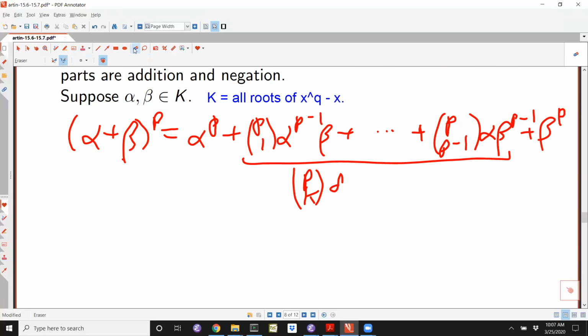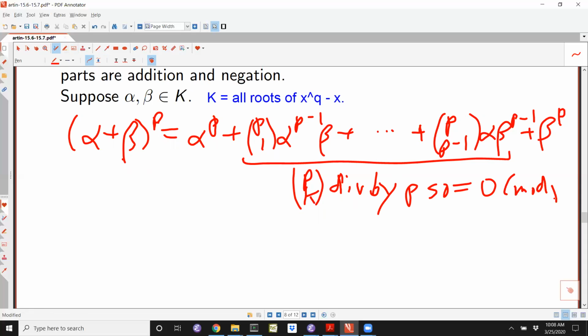For not particularly deep reasons, if you write out the formula for binomial coefficients, there's a p in the numerator that can't be canceled out by anything in the denominator, because k is strictly between 0 and p and therefore doesn't have any p's in it. So this is divisible by p, so it is equal to 0 mod p.